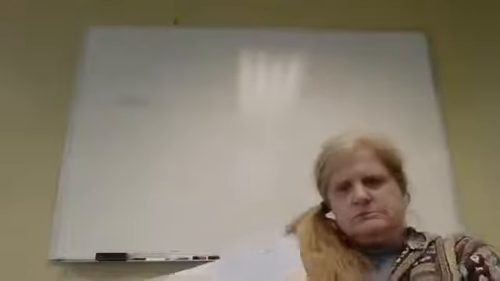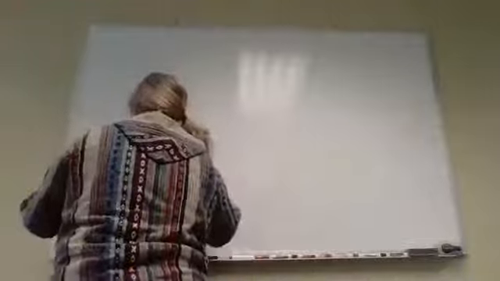Go ahead and let me know in the comments what word you chose and why you chose it. I'm going to write the word authentic on the board, and we'll go from there. Okay, black marker, make it bold.